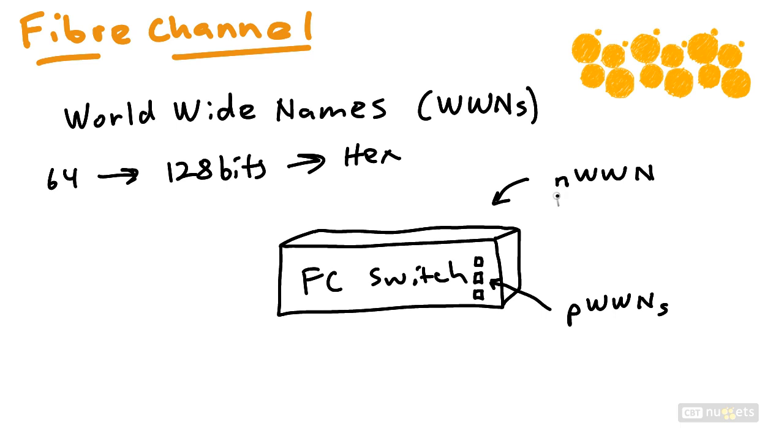There's the node worldwide name. This is one and only one address that uniquely identifies that particular node in the Fibre Channel infrastructure. Now, we know a lot of devices will have multiple.